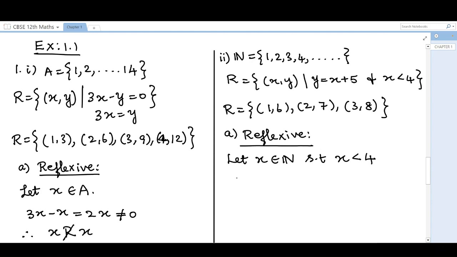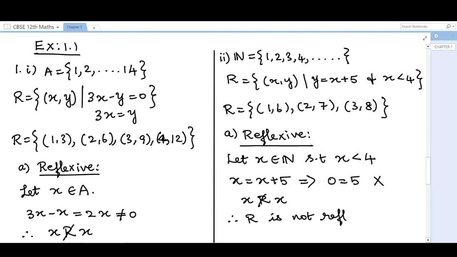So we have to prove that x equal to x plus 5. So if you simplify this, you will get 0 equal to 5. This statement is not true. Thus, x is not related to x. Therefore, the relation R is not reflexive.